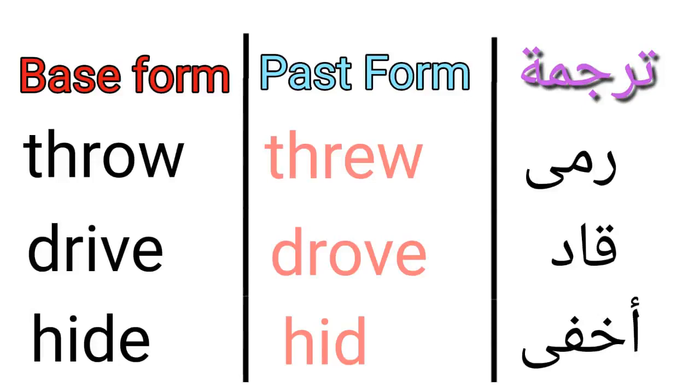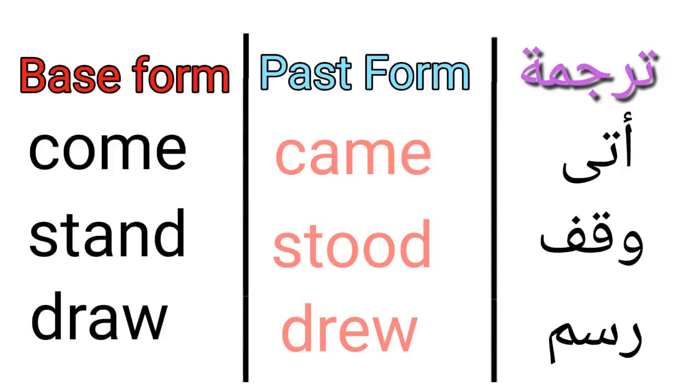Verb to drive, which means قاد أو ساق, drove. Verb to hide, which means أخفى أو اختبأ, past form hid. Verb to come, which means أتى, past form came. Verb to stand, which means وقف, past form stood.